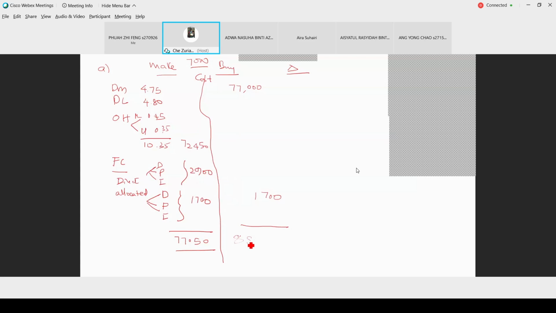Oh, sorry. Okay. This is the cost. Bukan, ada lagi fixed cost kan? Sorry. This one should be, kena tambah lagi cost. Apa lagi cost yang terlibat? Inspection. Sorry, freight and inspection. Freight and inspection 30 times 7.